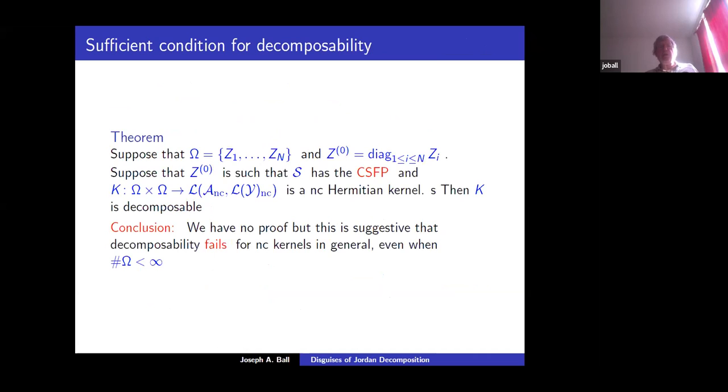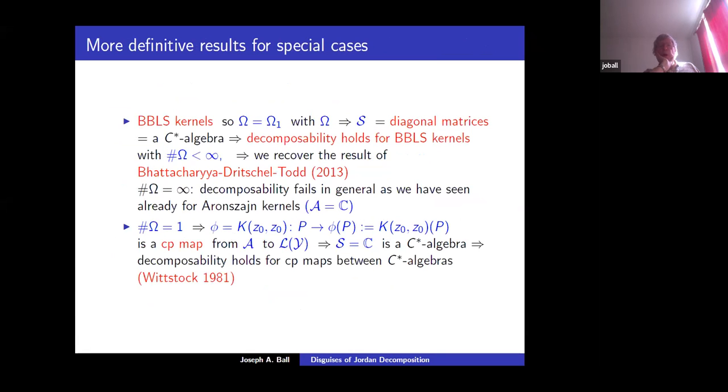And the other interesting special case is omega is one point. Then the kernel over a one point set collapses to a completely positive map. Then this S, which has to be a C-star algebra, is just complex numbers. So we're cool. Then by this partial result we had before, decomposability holds for completely positive maps between C-star algebras, which is the result of Woodstock 1981.